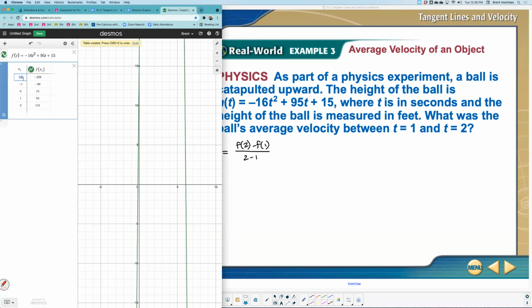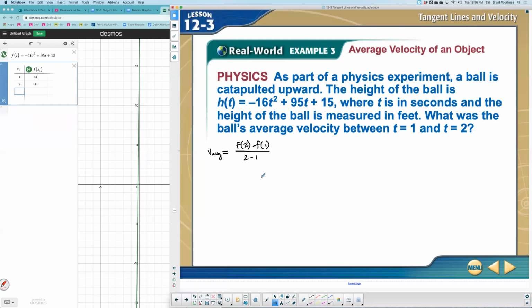Specifically, we want to know the difference between time at 1 second and time at 2 seconds. I don't need any of these other times here. And so what I'm getting mathematically is f of 2 would be 141 minus 94. And 2 minus 1 is 1.